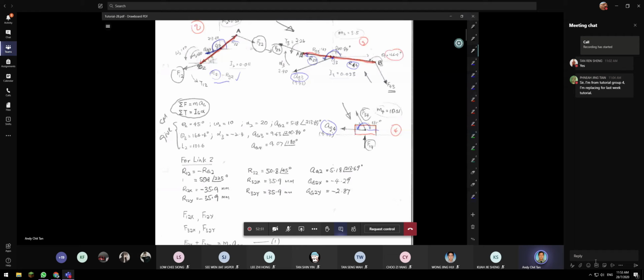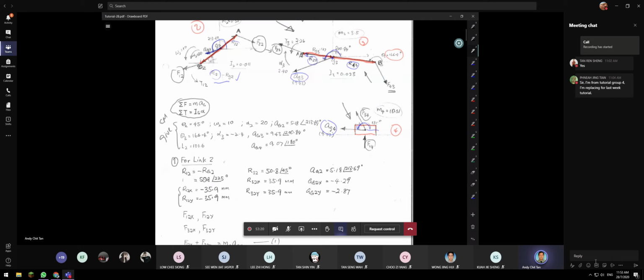All right, now you got to solve individually, separately. So we first look at link number 2. The procedure is, first of all, you got to resolve the radius into x and y axis. Because the angle is given and the magnitude is also given, you can know the x component and y component.